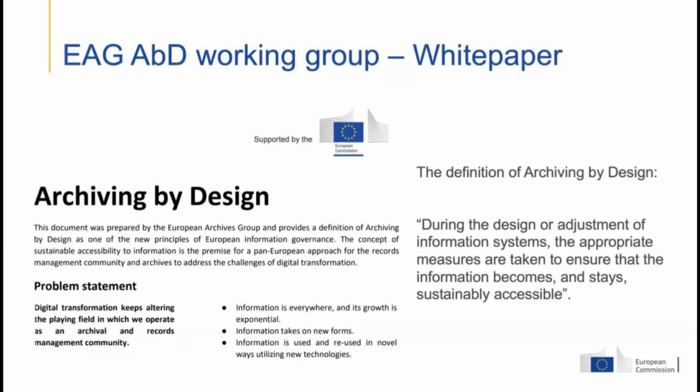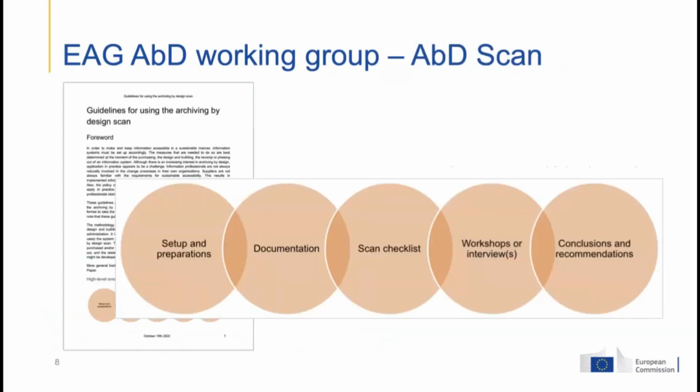The next slide will show that we not only had some theorization and conceptualization about this theme, but we've also come up with a practical methodology, which we call the ABD scan, and we've issued guidelines for using this scan. It mainly focuses on keeping and making information accessible in a sustainable manner, and therefore information systems must be set up accordingly.